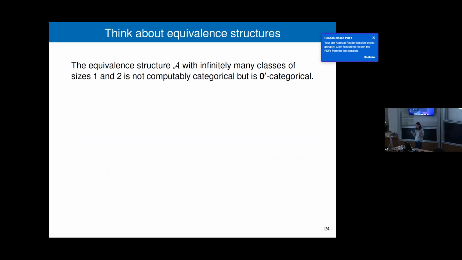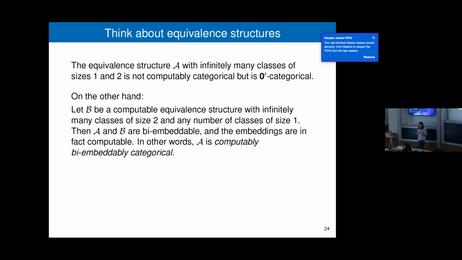Suppose we have an equivalence structure with infinitely many equivalence classes of size 1 and infinitely many classes of size 2. It is not computably categorical, but it is zero jump computably categorical in the classical sense, up to isomorphism.